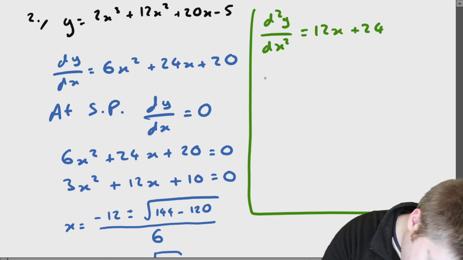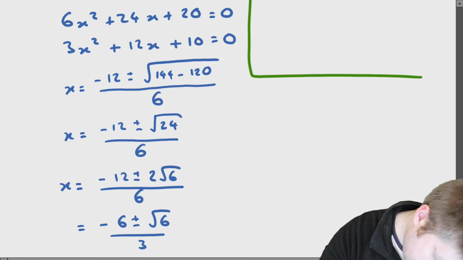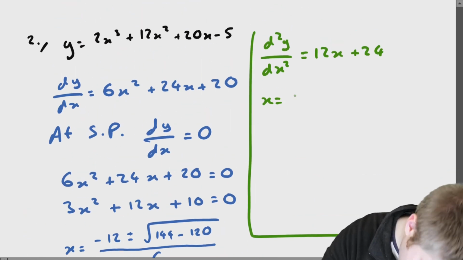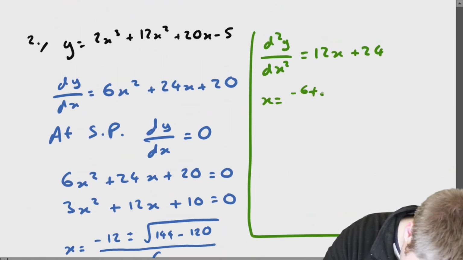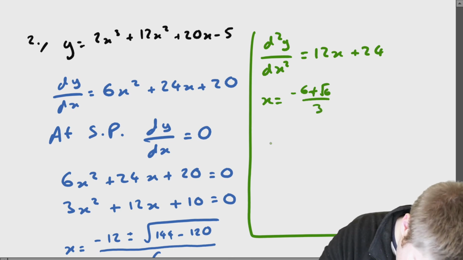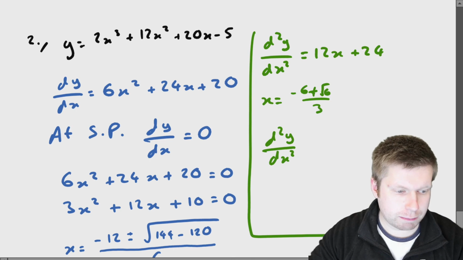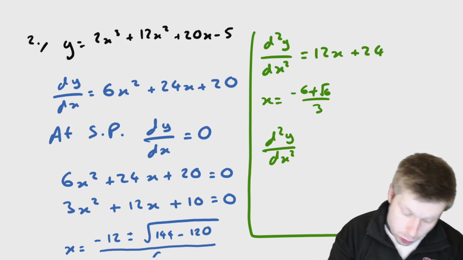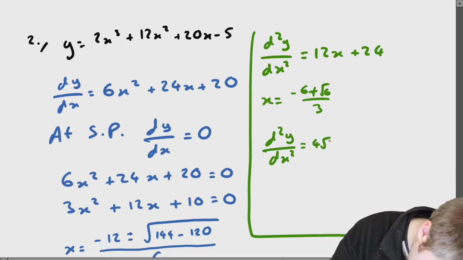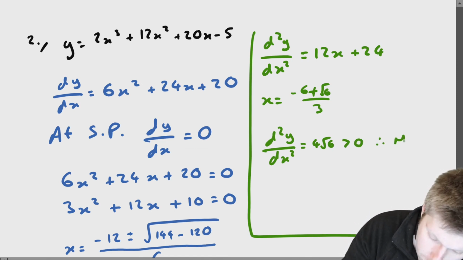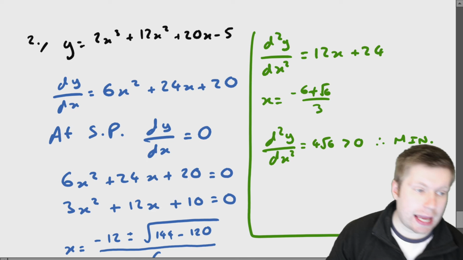If I stick in my first x value, which was negative 6 plus root 6 over 3, into here, I get d2y by dx squared. What does it come out as? Well, it comes out as 4 root 6. Either way, I know that is positive. So therefore, I can conclude that at that stationary point, it's a minimum.